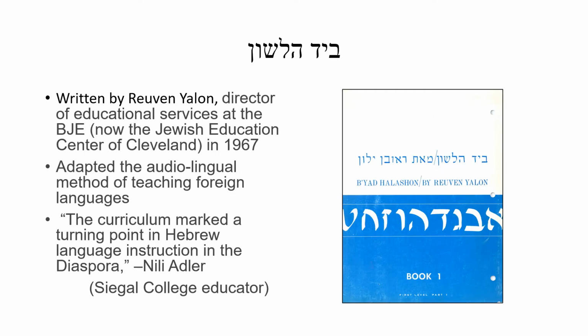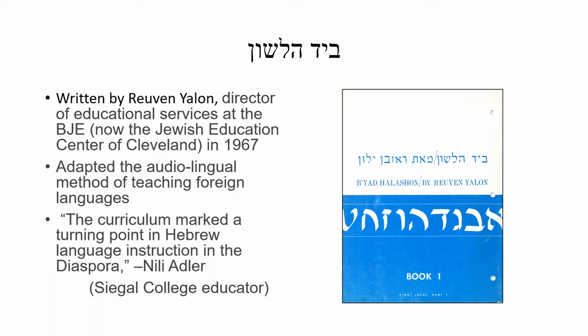So one of the older methods, one of the older textbooks for teaching Hebrew as a language was B'Yad HaLashon, which was written by Reuven Yalon, who was the Director of Educational Services at the Bureau of Jewish Education in Cleveland. That is now the Jewish Education Center of Cleveland.